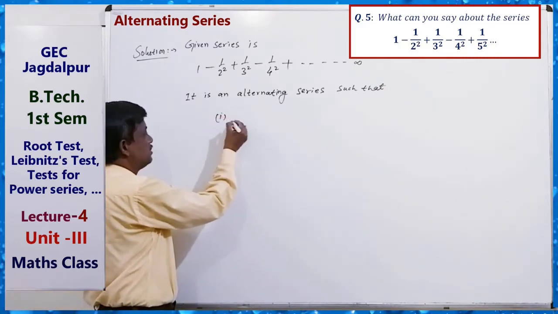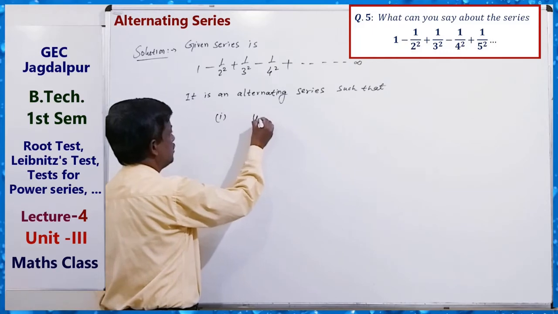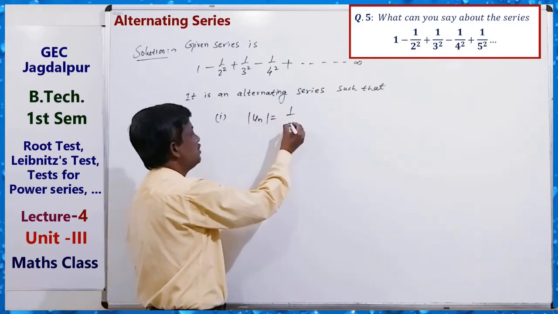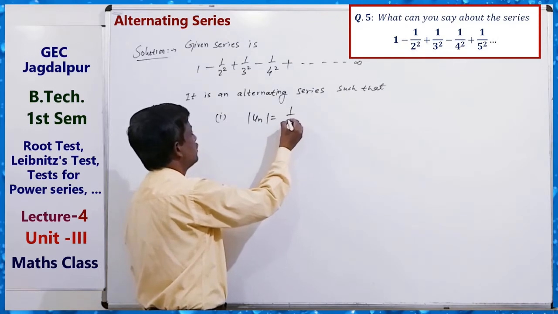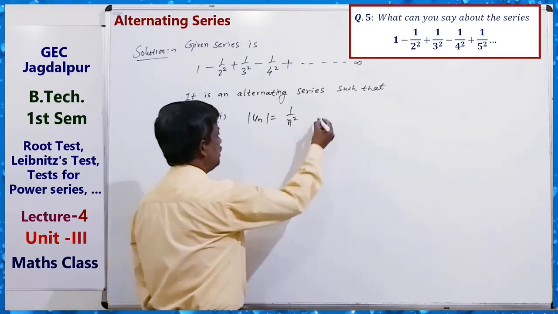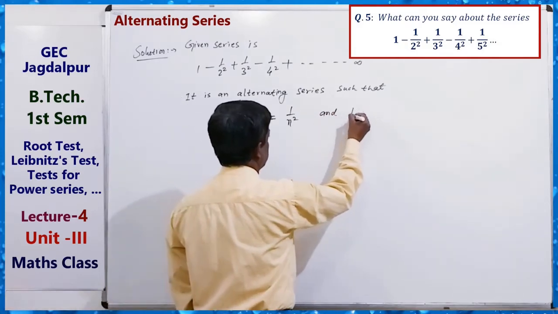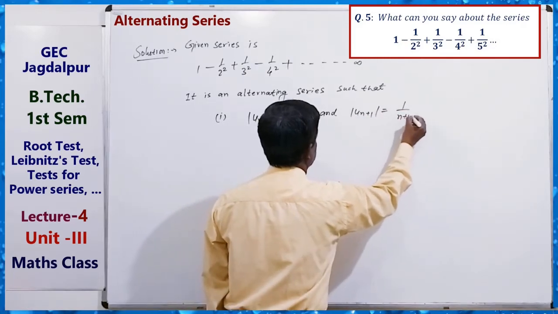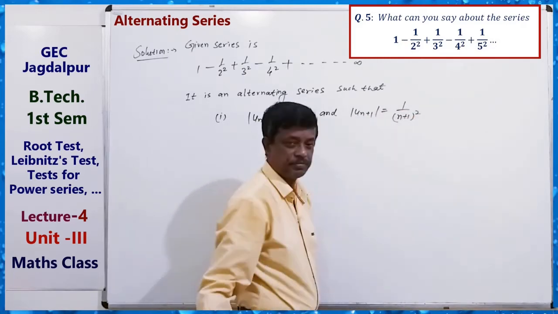First condition: mod un equals 1 by n square, and mod un plus 1 equals 1 by n plus 1 square.